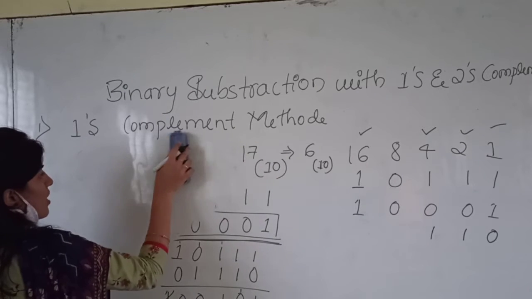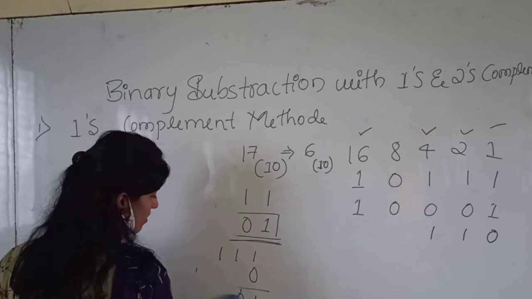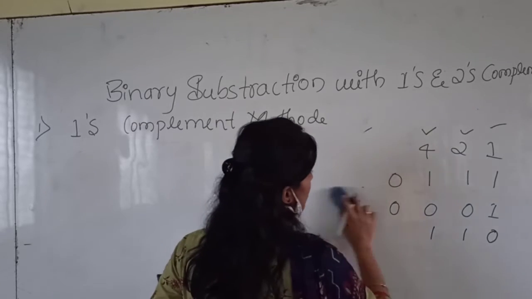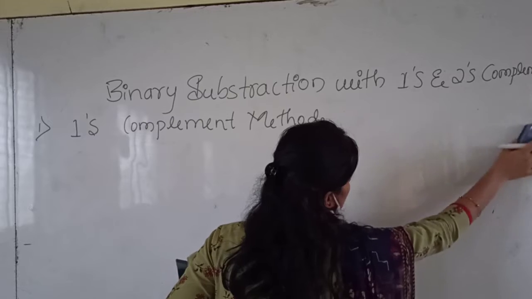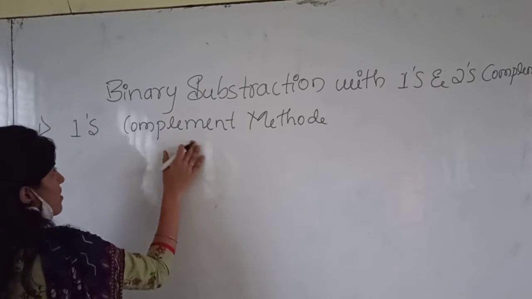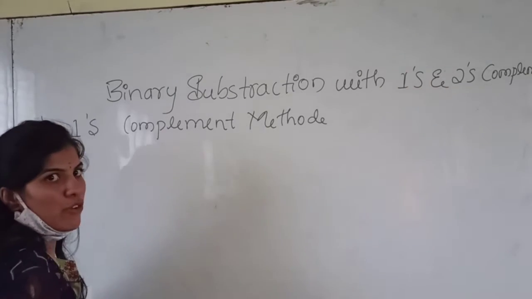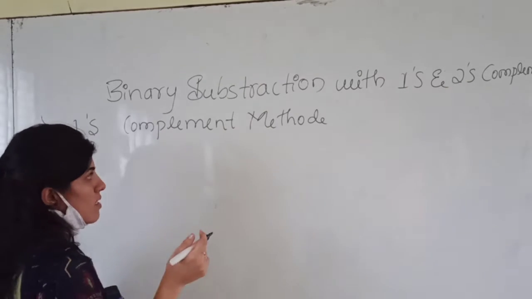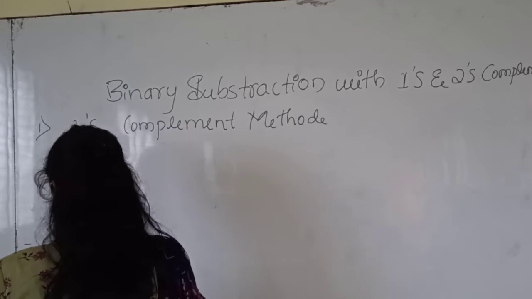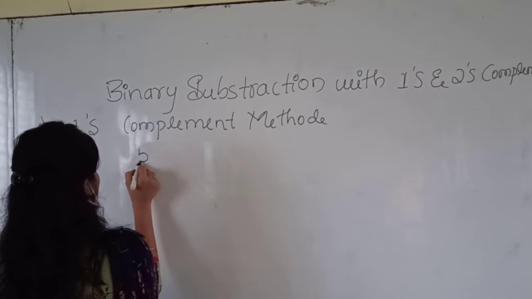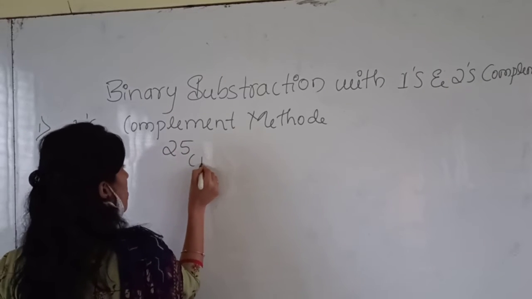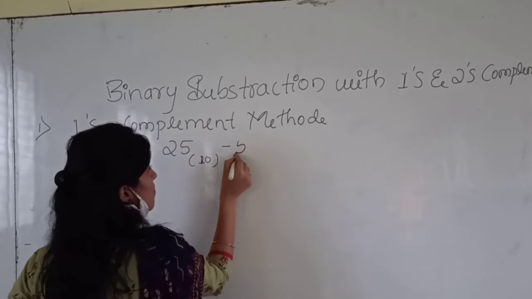And the second case is if the minuend is smaller than the subtrahend. Just take the example of 25 minus 52.